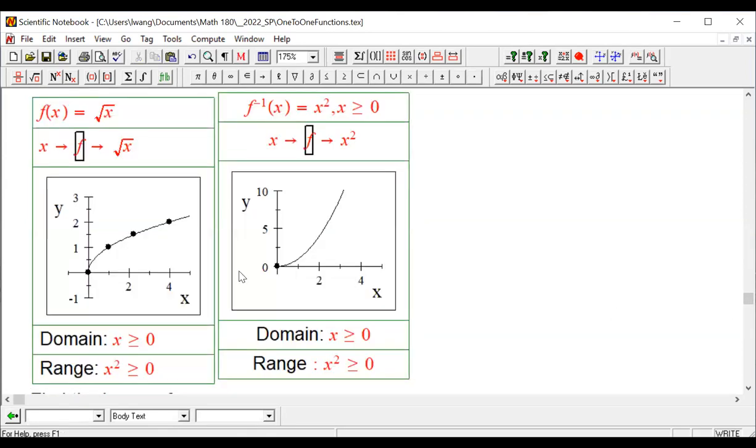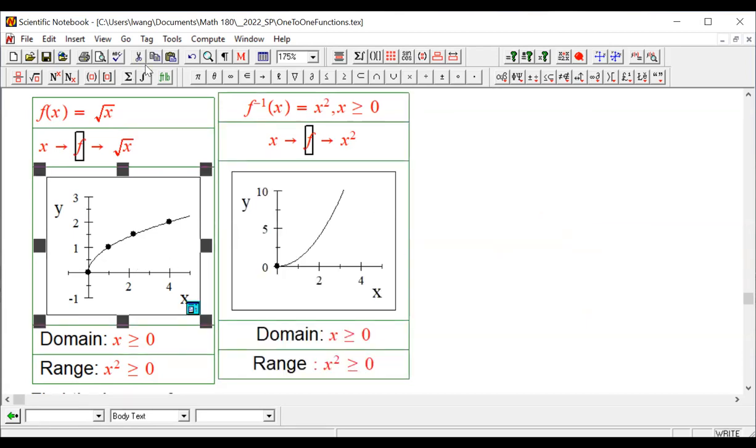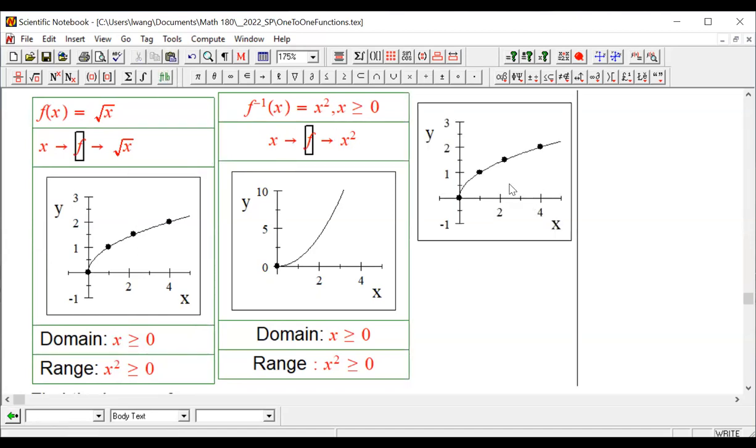We can just graph here. Instead of graphing this one, because we have those nice dots already plotted, this is the root x function, and then we just plot x squared on this piece.